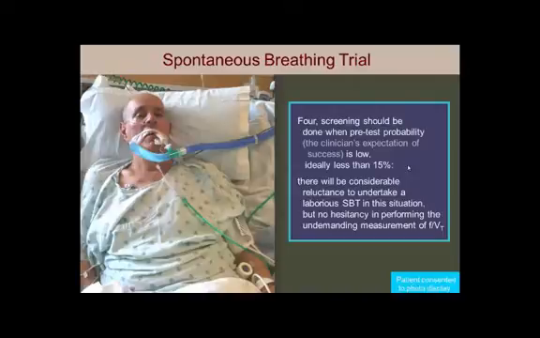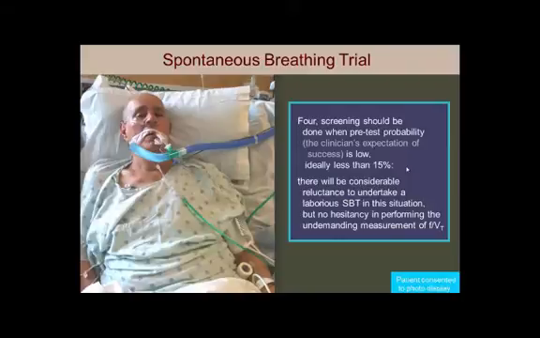And fourthly, the screening should be done where the pre-test probability, as I mentioned, is low. Ideally, really you want to do a screening test where your pretest probability is less than 15%. And again, if you suspect that the chances of a patient failing a T-tube trial is 85%, you're just not going to put in the effort of doing a T-tube trial.